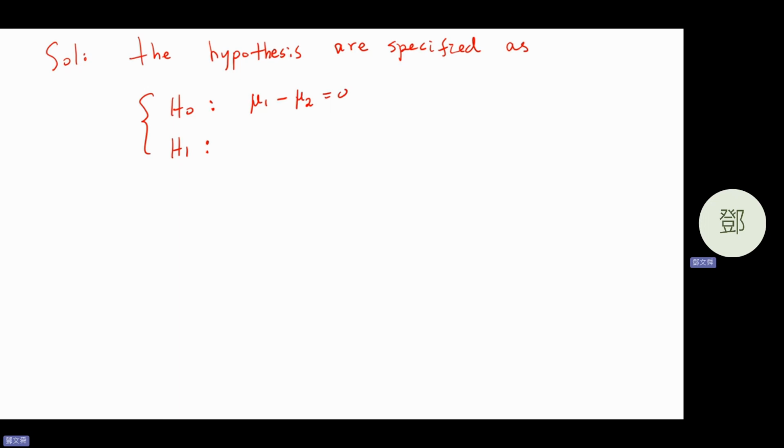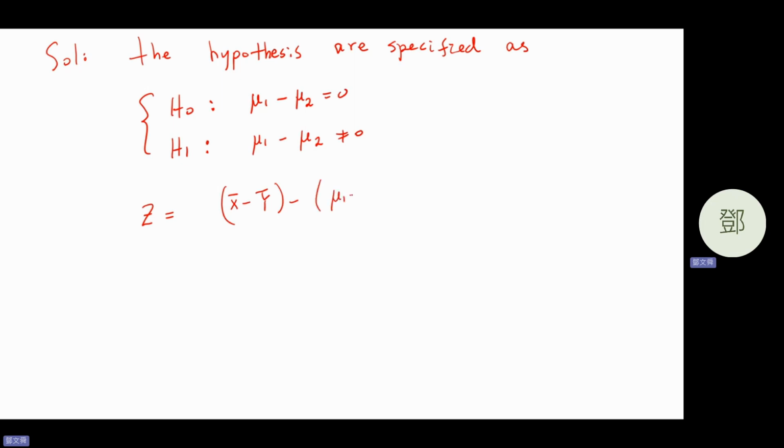In this case, they are the same. And the alternative hypothesis is that there is a significant difference. All right. So these statistics here is x bar minus y bar, right?